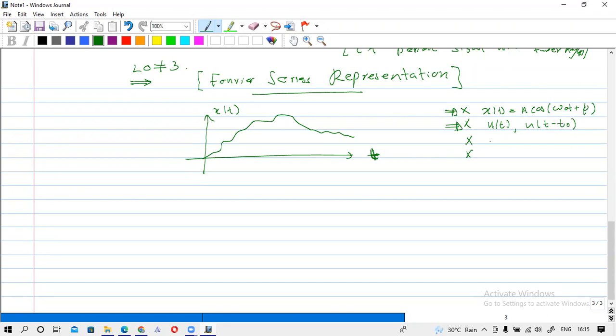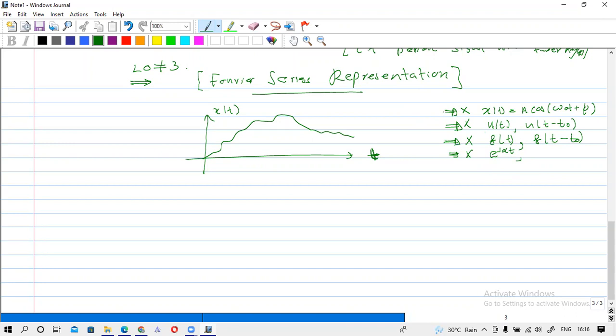We have also learned the unit impulse signal and the shifted unit impulse signal, and also the complex exponential signal. So these 4 signals we have learned.